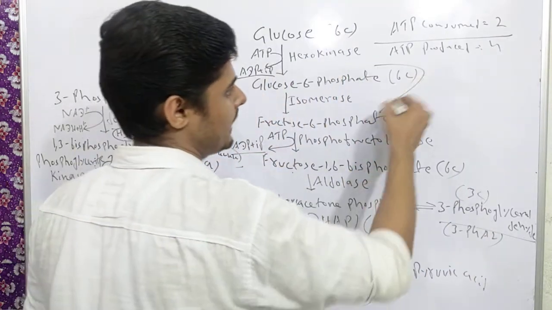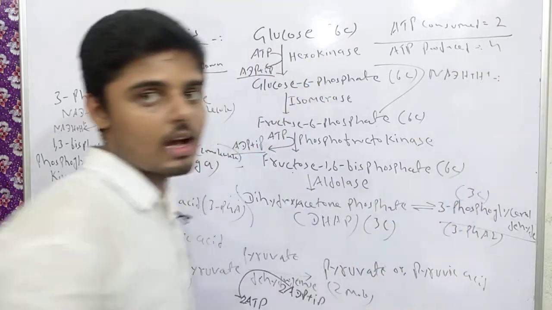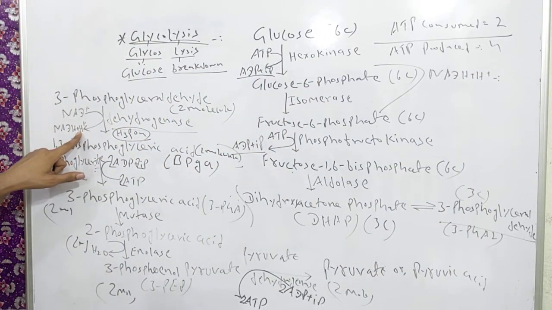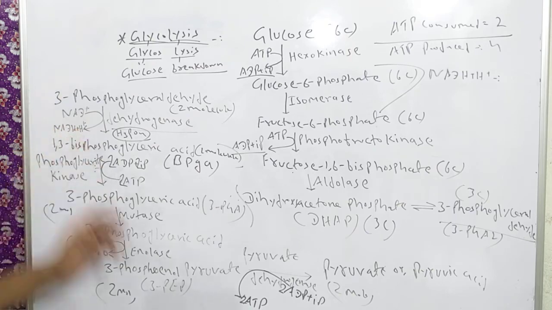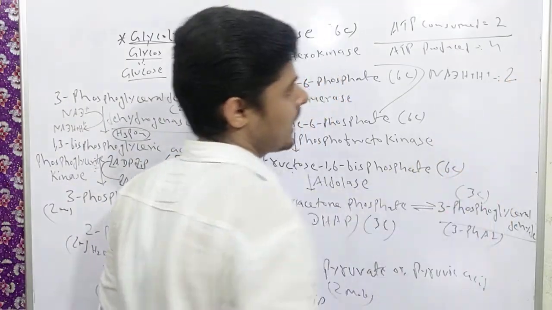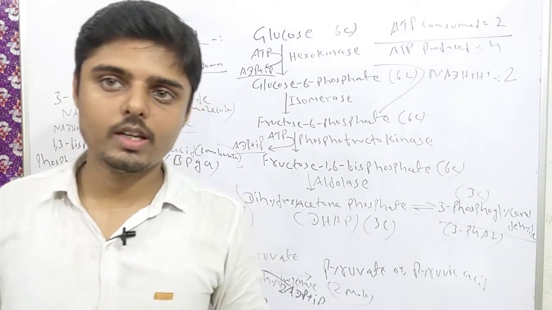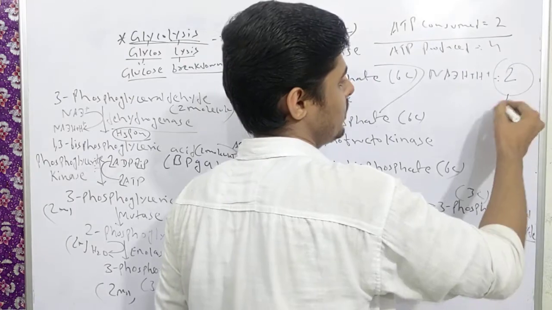And if you talk about NADH plus H plus, how many molecules of NADH are formed? You can see here 2 molecules, because all the processes are happening twice. And we know that 1 NADH produces 3 ATP after entering the ETS, the electron transport system, so here 6 ATP will be produced.